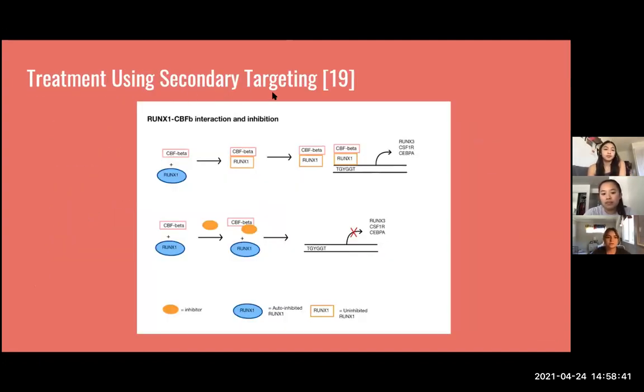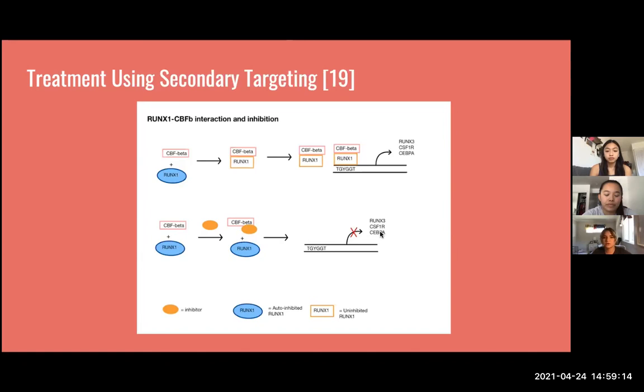So this is another treatment that we found. As mentioned before, RUNX1 and the core binding factor beta form a heterodimer for DNA binding and regulation of gene expression. Mutations in this protein complex have been proven to cause AML. This new treatment involves an inhibitor called Ro5-3335, which directly interacts with RUNX1 and core binding factor beta to prevent these mutations from happening.